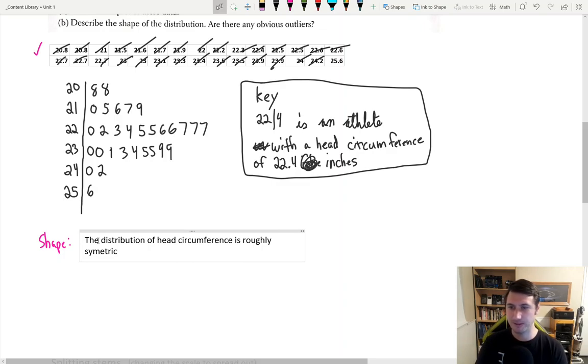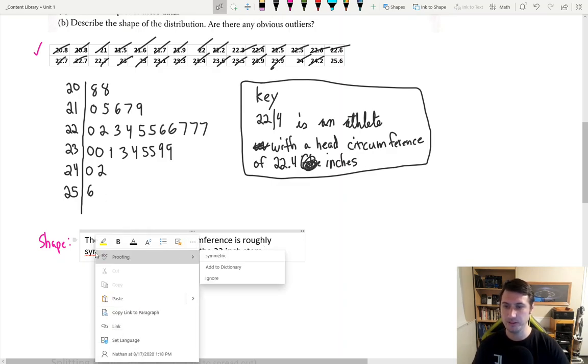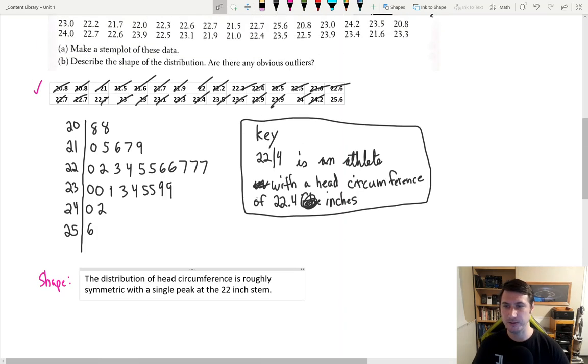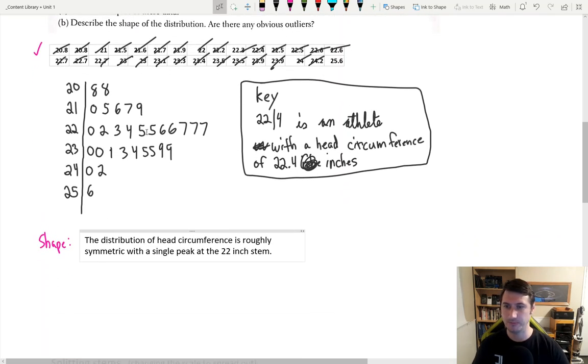That looks like the top is the same as the bottom with a single peak at, now where is that single peak? At the 22-inch stem. Okay, the 22-inch stem is where the single peak is, right here.